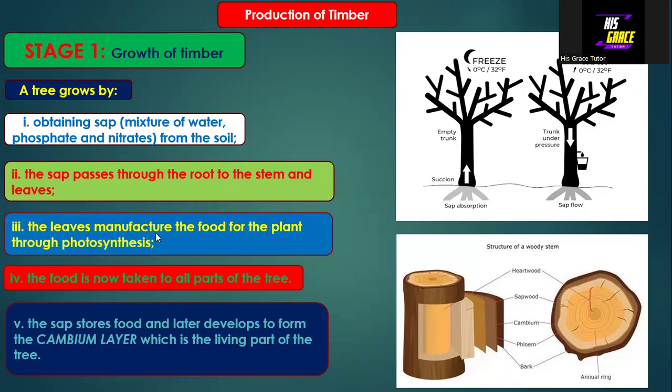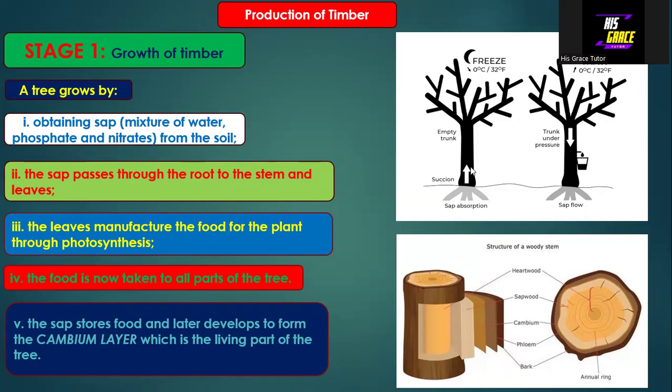The leaves manufacture the food for the plant through a process known as photosynthesis, which you've been taught in basic science. Then the food is taken to all parts of the tree, and the sap stores food and later develops to form the cambium layer, which is the living part of the tree.